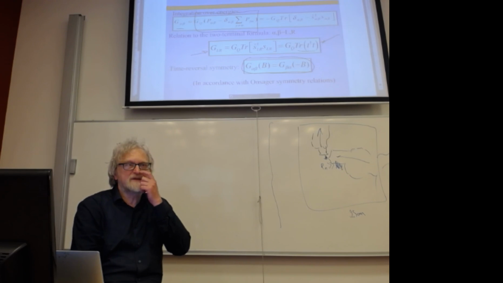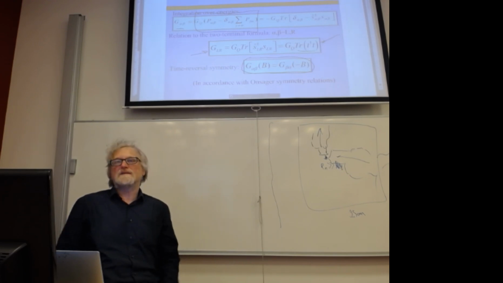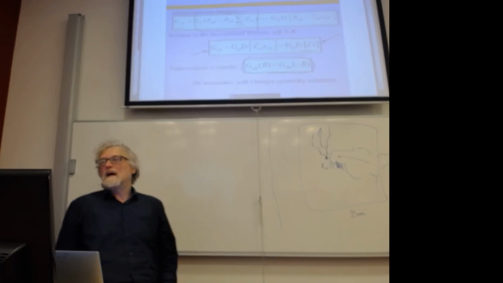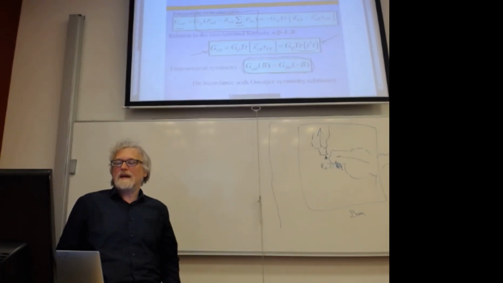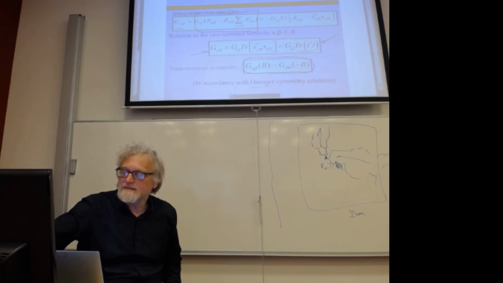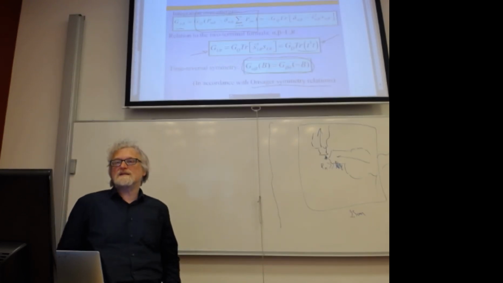That's impossible to check in a two-terminal setup, but we have more terminals. One can look at the magnetic field dependence of cross conductances, and that should obey Onsager symmetry relations. These symmetry relations are just fundamental. They don't care whether it's quantum electrons or ions or just slow people.